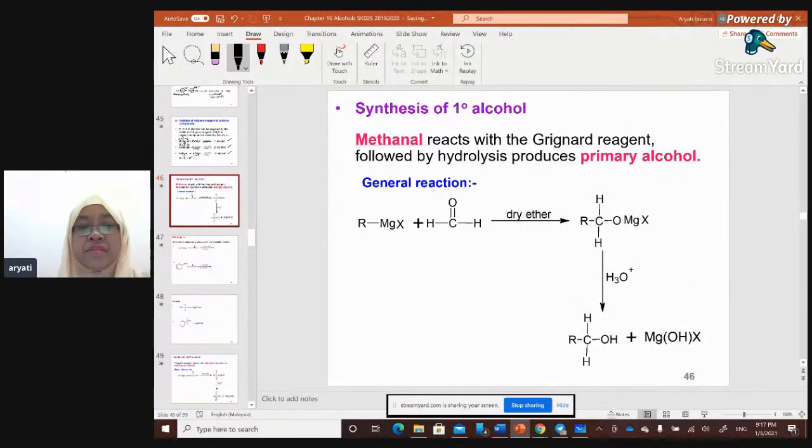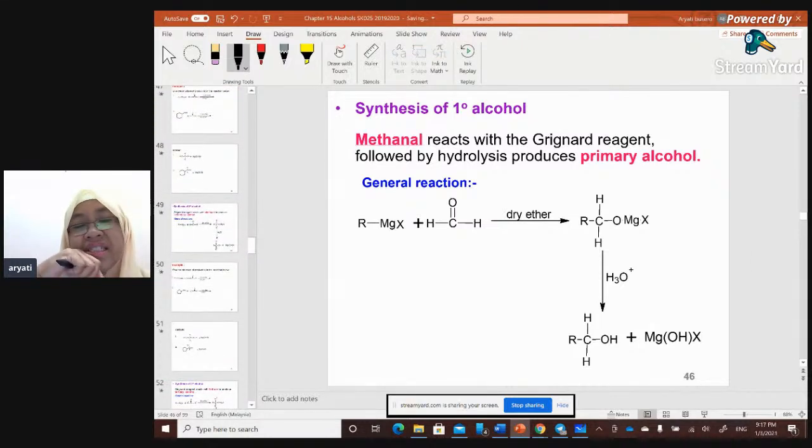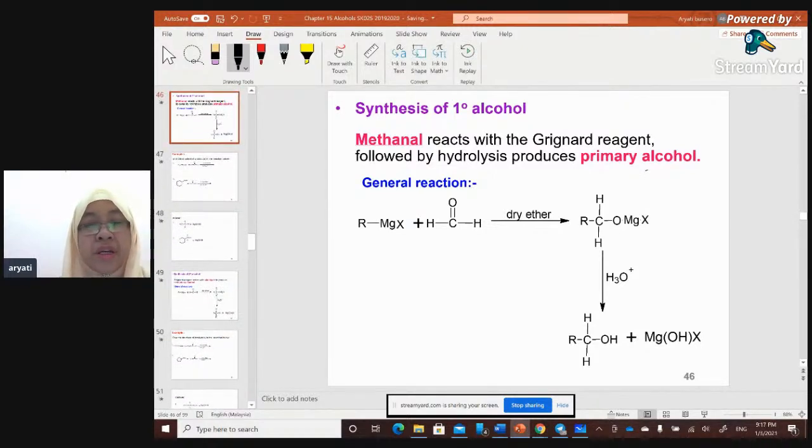Okay, so even when I teach this, I do some revision. So synthesis of primary alcohol: when methanal reacts with Grignard reagent followed by hydrolysis, it will form a primary alcohol. As I said, magnesium is partially positive, and the alkyl group R, the carbon here, will be partially negative.